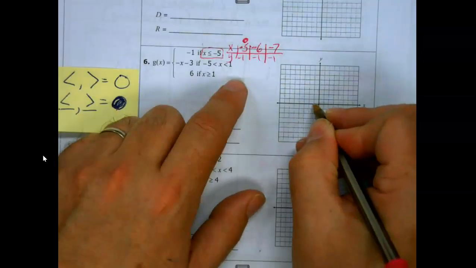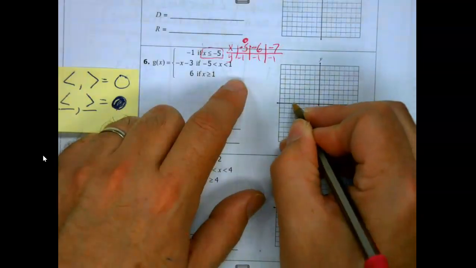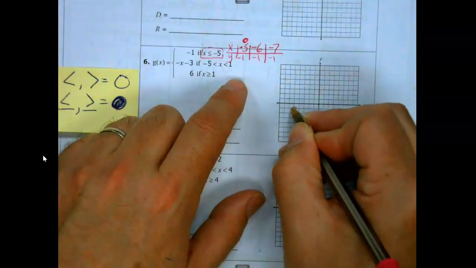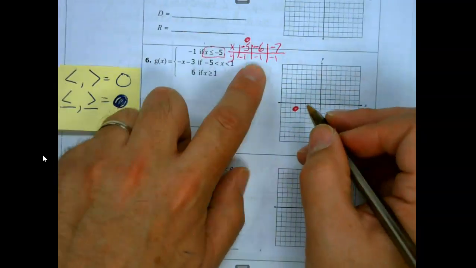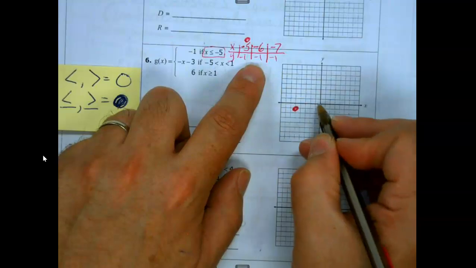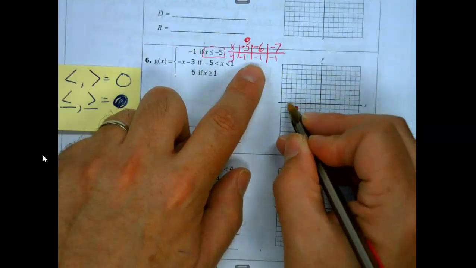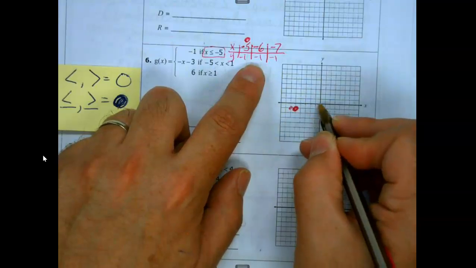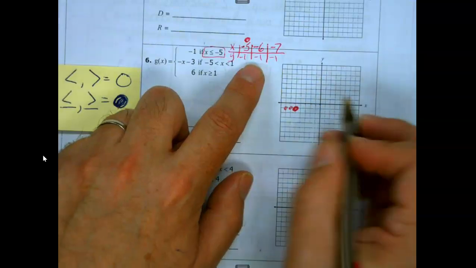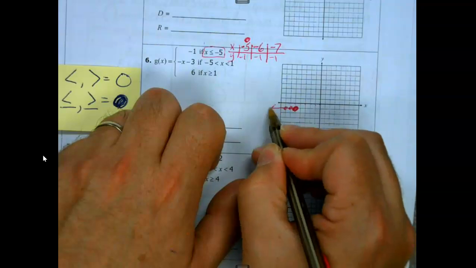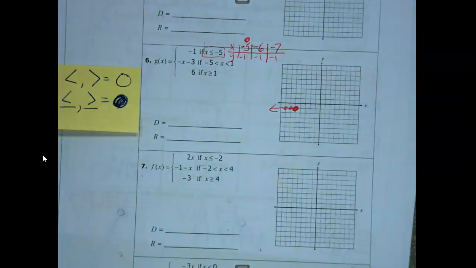So let's see here. 1, 2, 3, 4, 5. There's my big closed dot to start. 1, 2, 3, 4, 5, 6, 1. And go from the big dot to the littles.